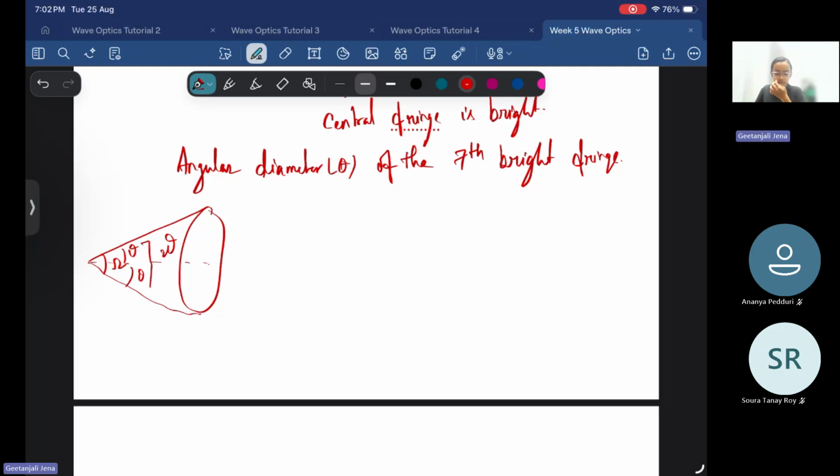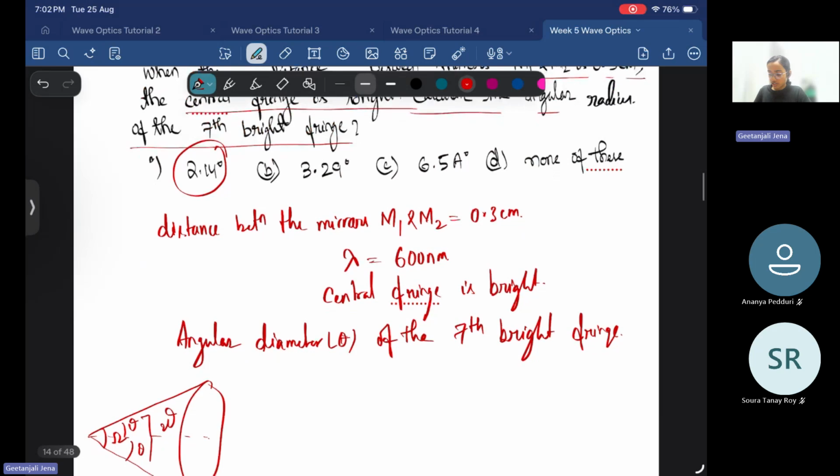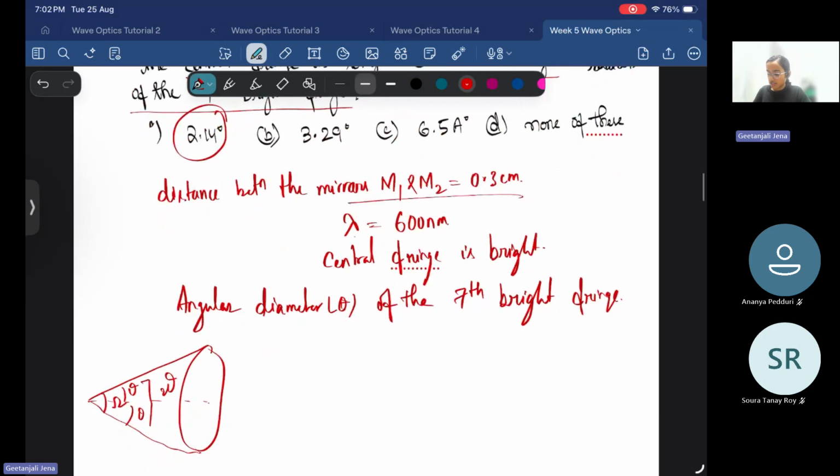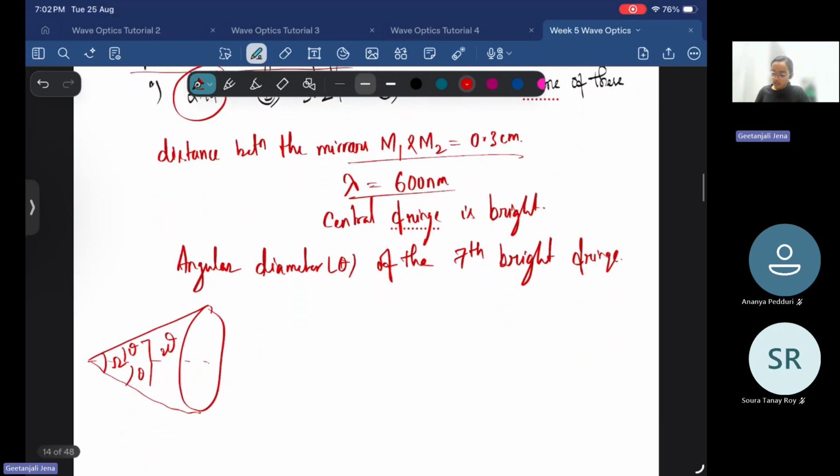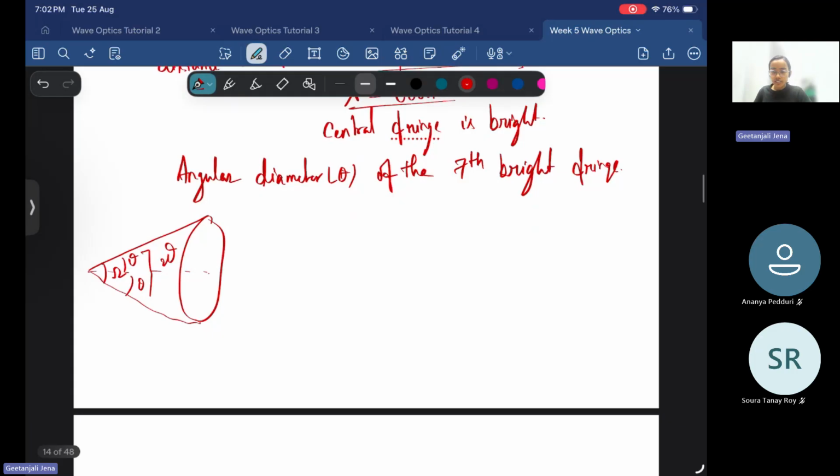What we have here is that the central fringe is bright and the distance is given, lambda is given. So we can calculate the maximum value of m. From that we can calculate the p value, and using the constructive interference condition we can calculate the value of theta.